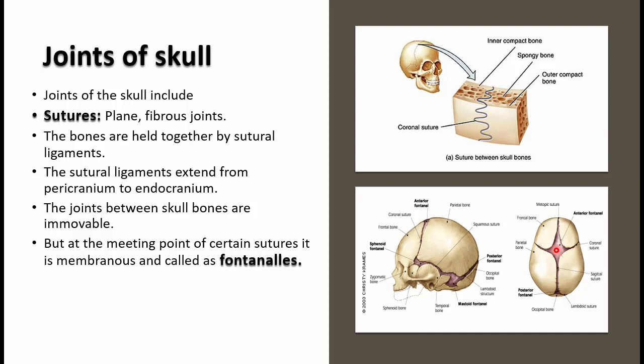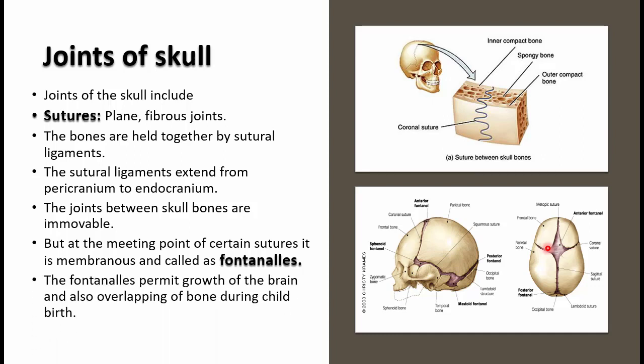Now these fontanelles mainly facilitate three things. One is they help in bone development. Okay, so they help in growth of the bone. Second thing, they also help in growth of the brain tissue.